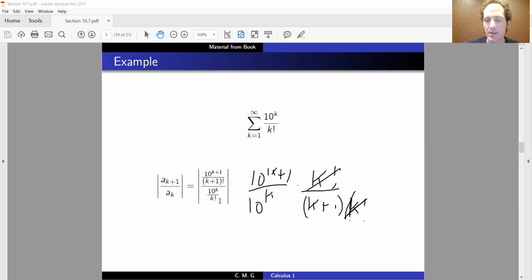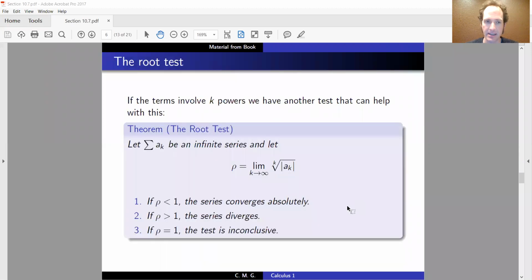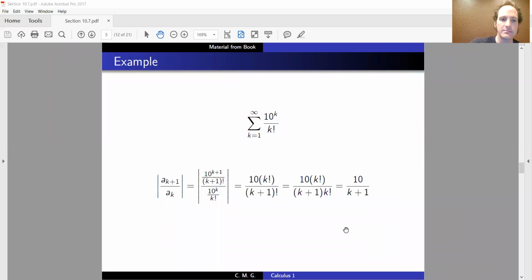The 10 to the k plus 1 over 10 to the k, I subtract exponents when I divide with the same base. So I actually get just 10 to the 1 on the numerator. So what I get here is just 10 over k plus 1. Limit as k goes to infinity of this thing is, again, just 0.